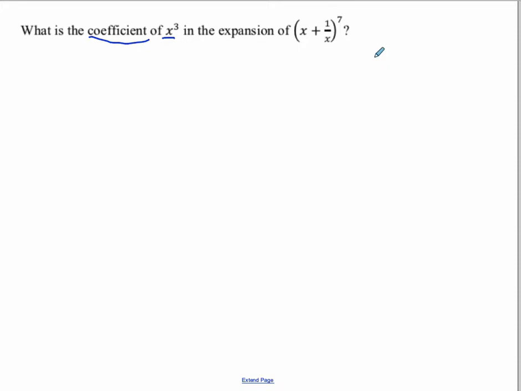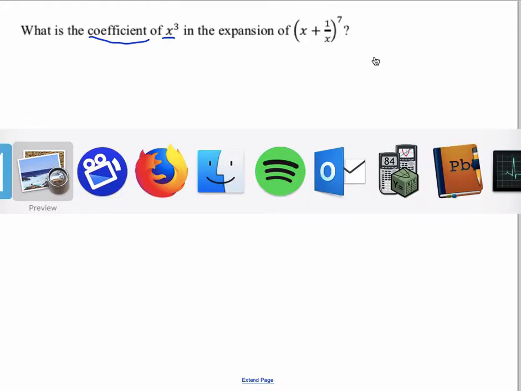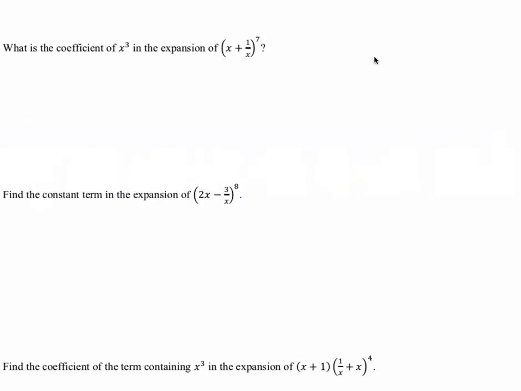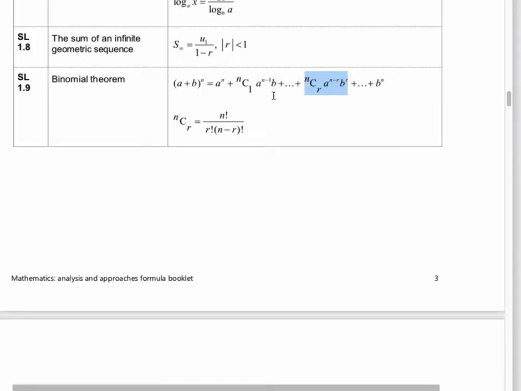And what we do is we can look at our formula booklet to find a shortcut. So in your formula booklet we have basically the general way of finding these binomial expansions. And what we have here is the formula is a plus b to the power of n equals a to the power of n plus n choose 1.